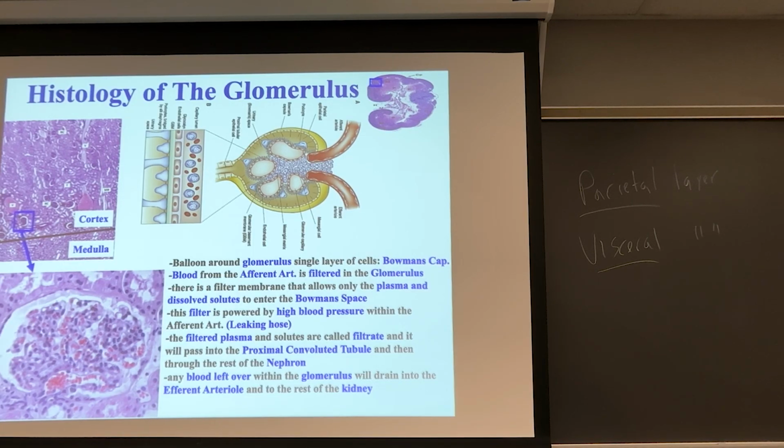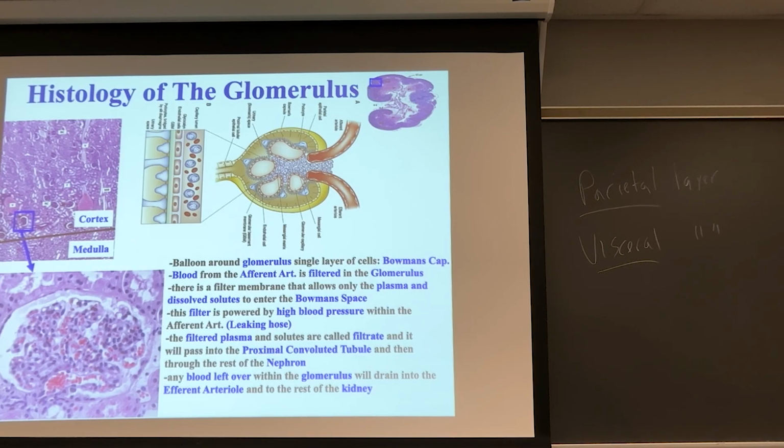The tubular part of the nephron we call the renal tubule. Then it will be modified as it goes through the renal tubule, and what we end up with is the definitive urine that ends up in the calyces, the renal pelvis, and then out to the bladder.